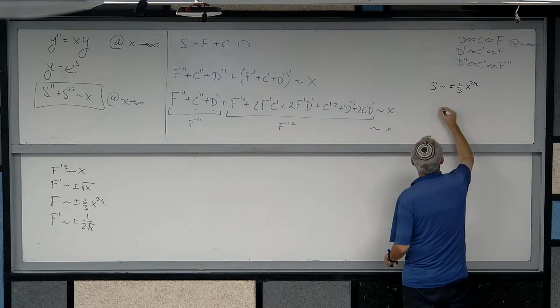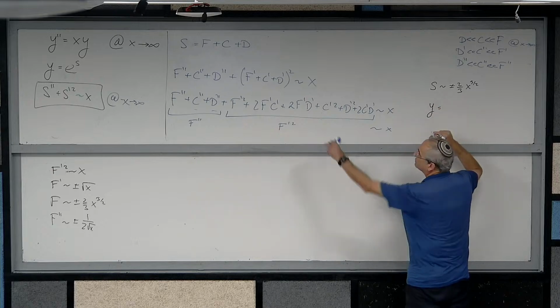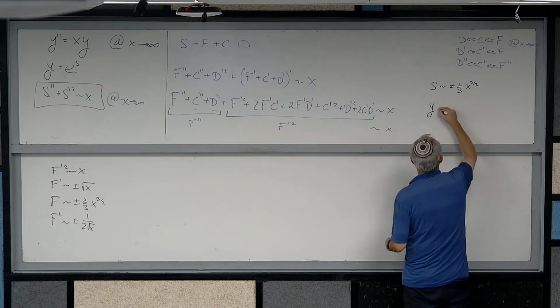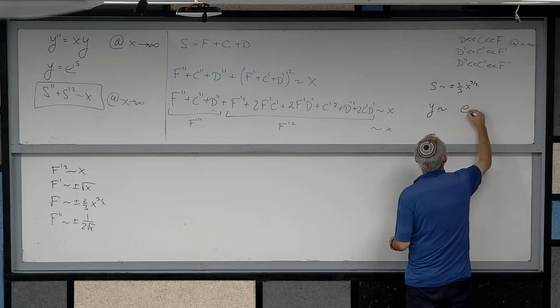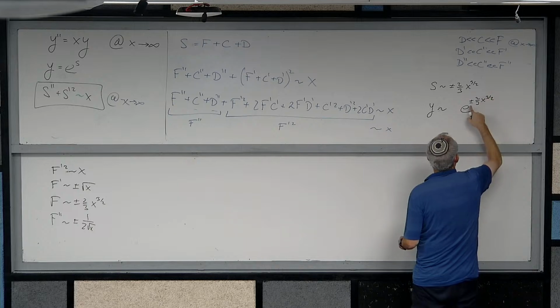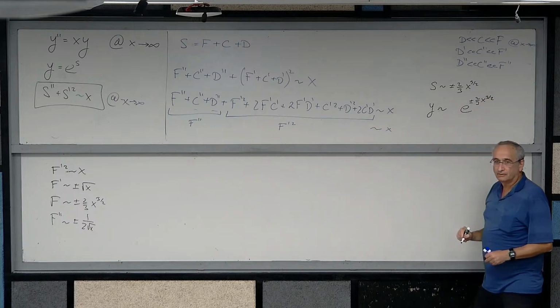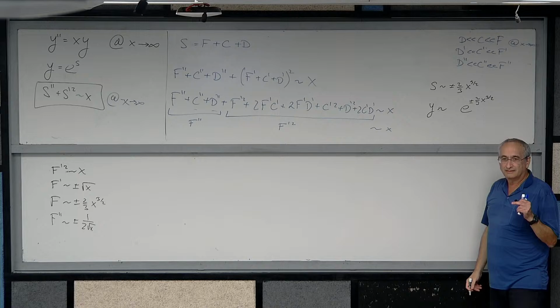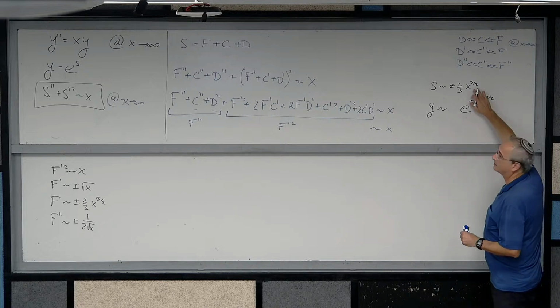And we want to write that y, which is e to the s, is asymptotic to e to the plus minus 2/3 x to the 3/2. And this, as I tried to convince you last time, is not necessarily correct. This is what's called the controlling factor.